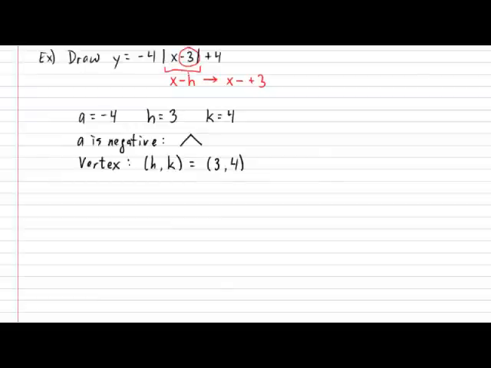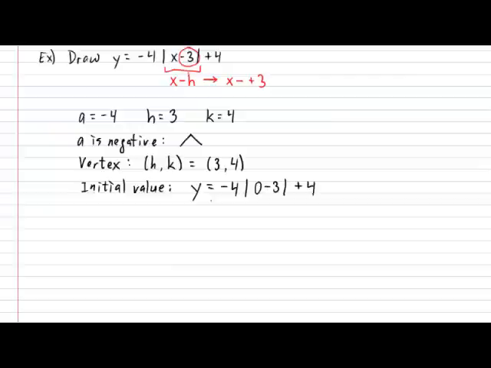Next clue, let's calculate our initial value. So the initial value is calculated by setting the value of x to 0. So y is equal to negative 4, absolute value of 0, subtract 3, and then plus 4. So let's calculate that.